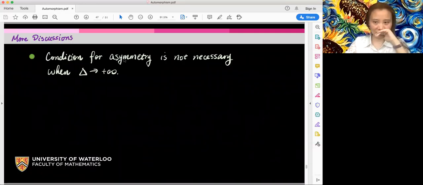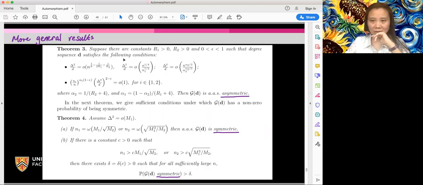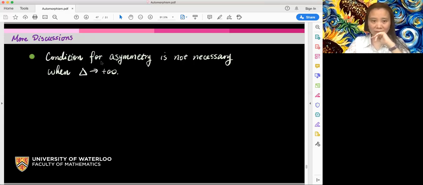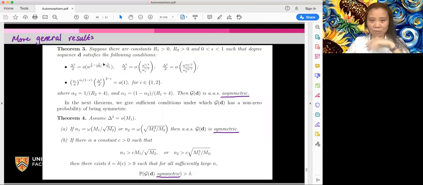Okay, so I just want to quickly say what can be done further. I think the condition for asymmetry is not necessary, so we didn't really catch the threshold when delta goes to infinity. So when delta grows, this condition is also not necessary. It's only a sufficient condition.